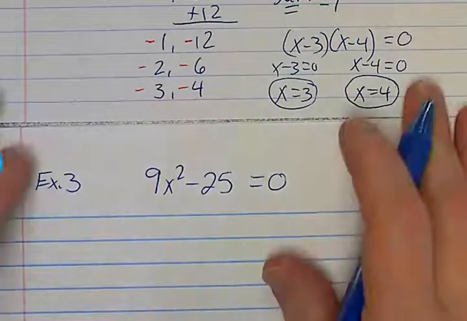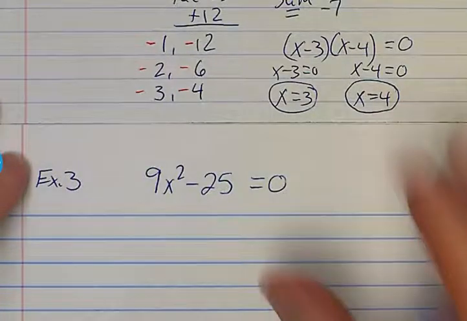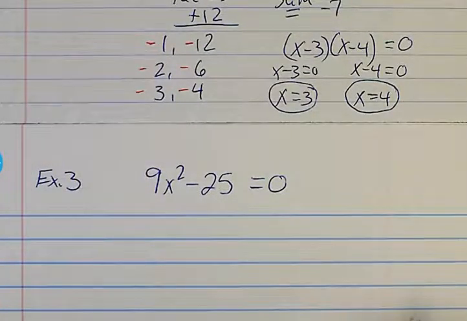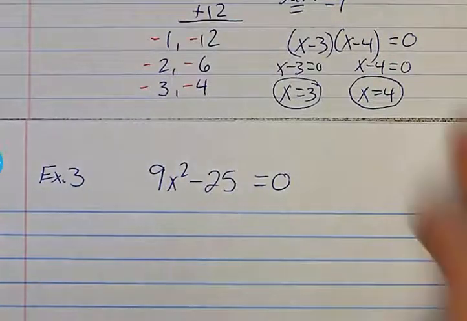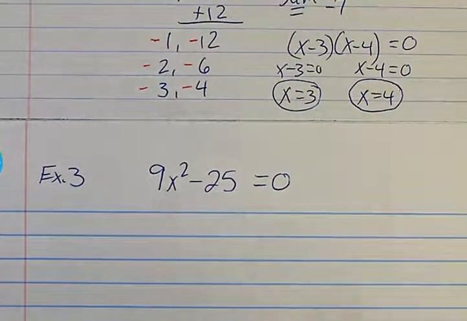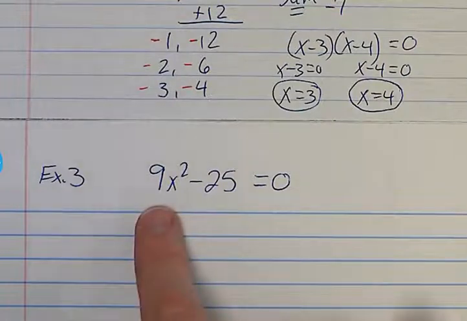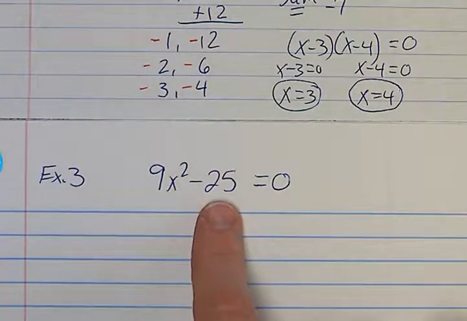Okay, so for example 3, we'll go 9x squared minus 25 equals 0. And with two terms, there's only one of two things it can be. It's either a greatest common factor, which in this case, there's nothing in common with 9 and 25. There's nothing you can divide into both those two numbers.